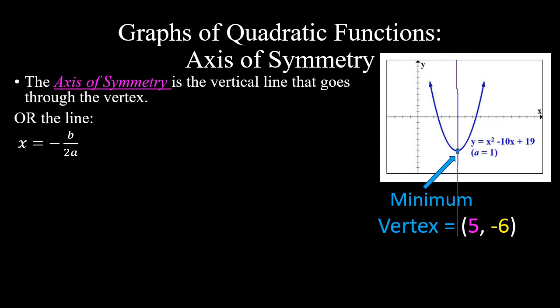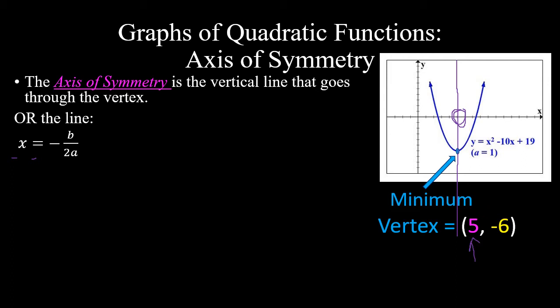It's going through the x. See how it hits the x-axis? That's why our line is x equals negative b over 2a, because it's that vertical line that's going through the vertex, okay? So it has to have the same x value as our vertex.